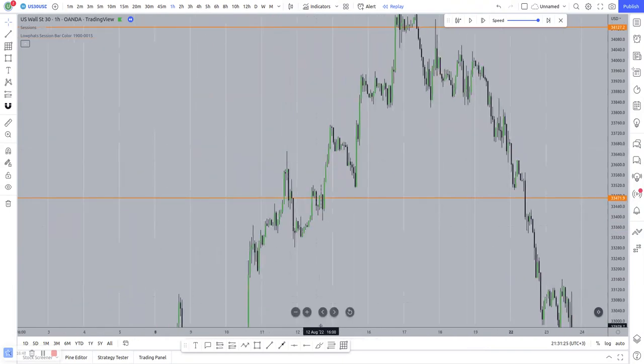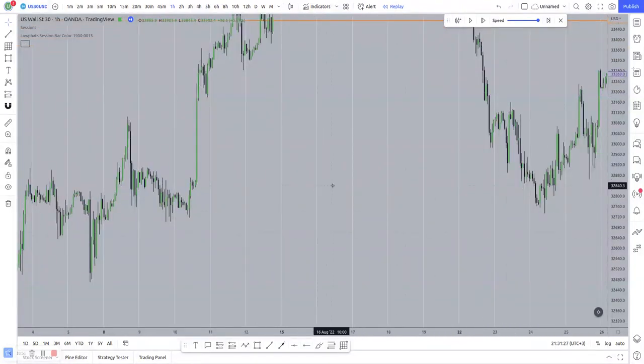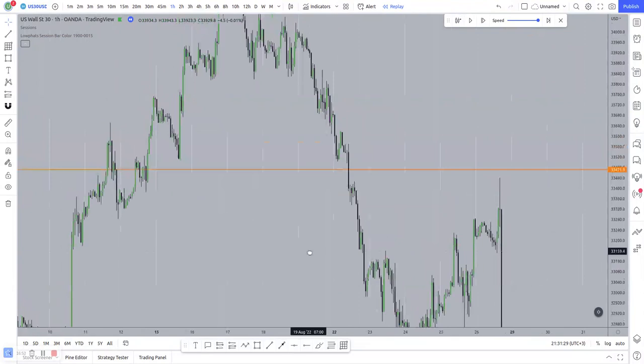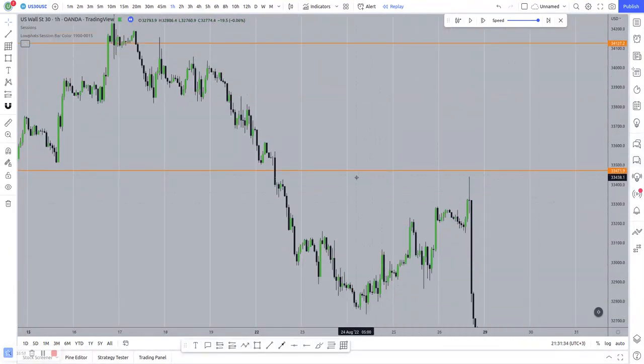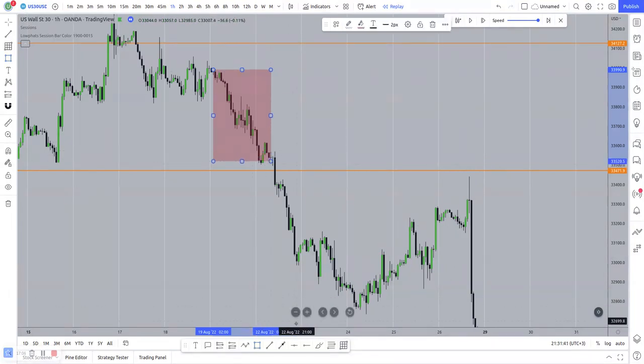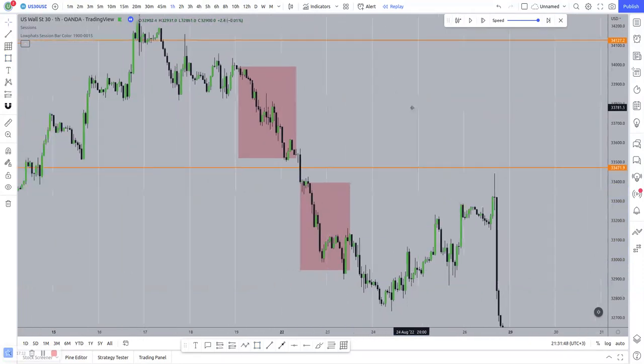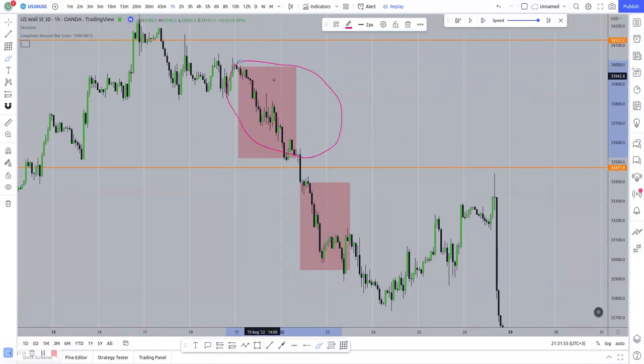Let me see if I can find what I mean. Okay, I just found it. You see, from here to here, from here to here, can you see the difference? Here we have bullish and bearish candles mixed.